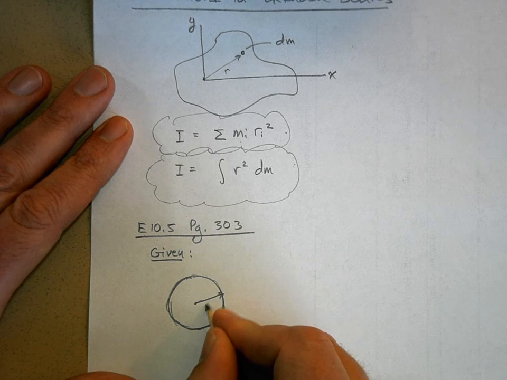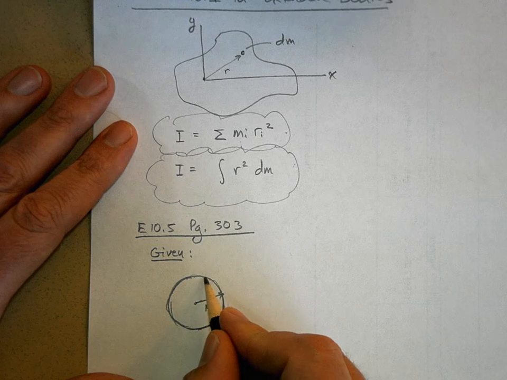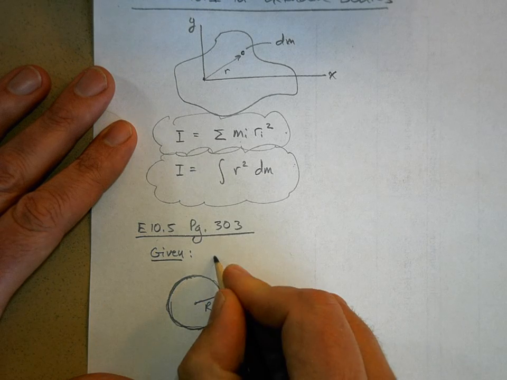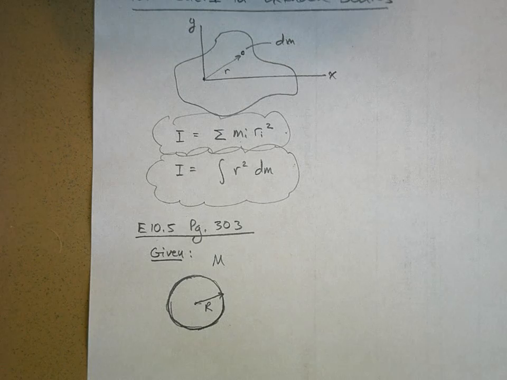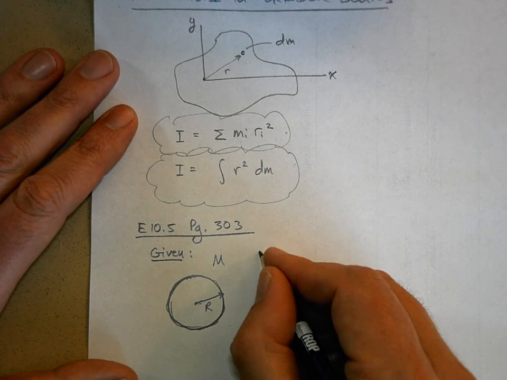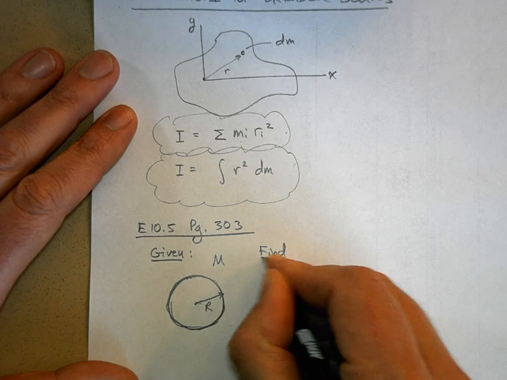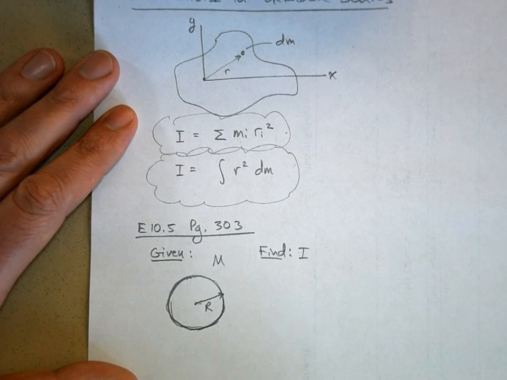We'll use capital R. And it's got a total mass of m. So if I put the hula hoop on a balance, figure out its mass, it's got a total mass of m. And so what I want to find is the rotational inertia, obviously, I.